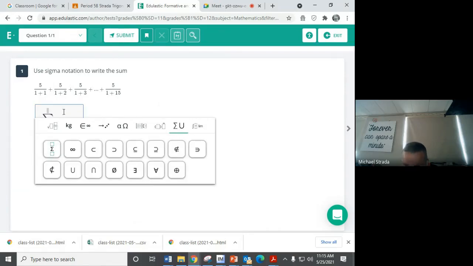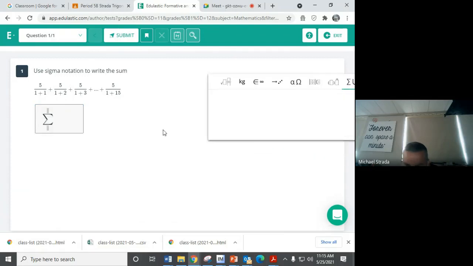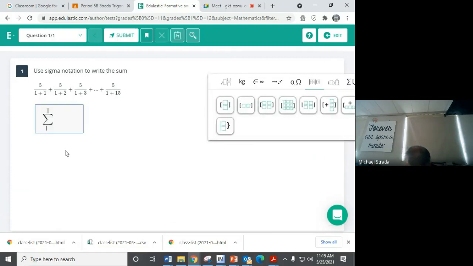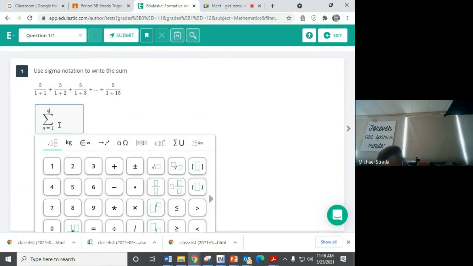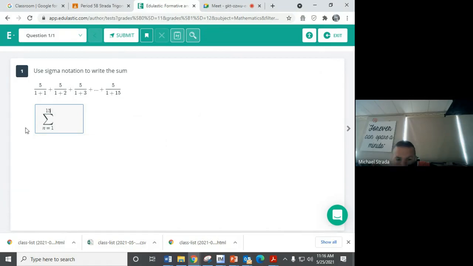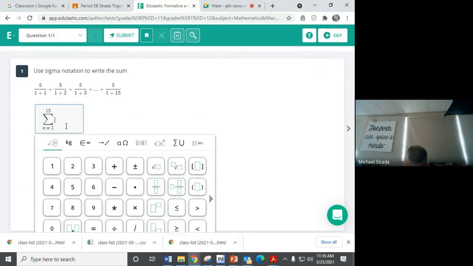You then move this out of the way. On the bottom, you write your expression, n equals 1. On the top, you just write your number, 15. And then here we have the expression itself, which is 5 over 1 plus n. And then there you go.